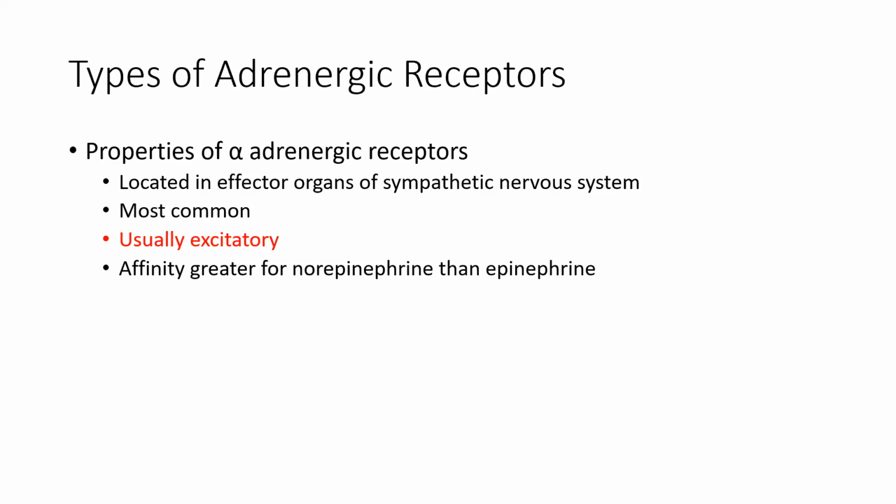We can also have an inhibitory effect, which we'll get into a little bit later after we look at all the receptors. But the alpha adrenergics are usually excitatory. So think about constriction of smooth muscle as an excitatory effect on the tissue. And then the affinity here is that they prefer norepinephrine. So all of the alpha receptors, alpha 1, alpha 2, they have a greater affinity. They prefer norepinephrine over epinephrine. Okay.